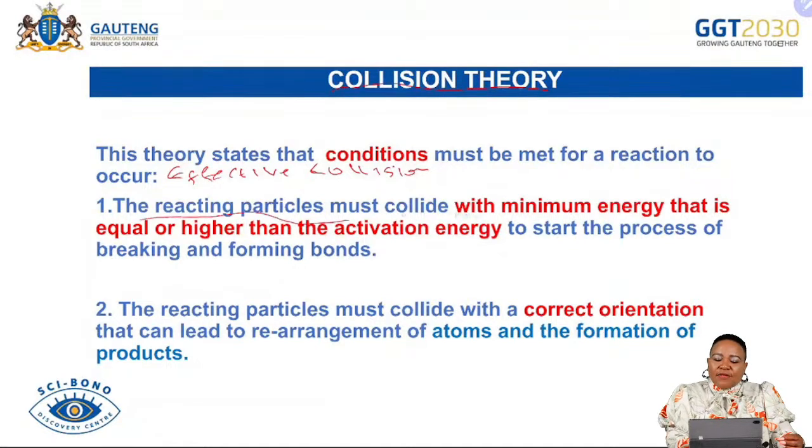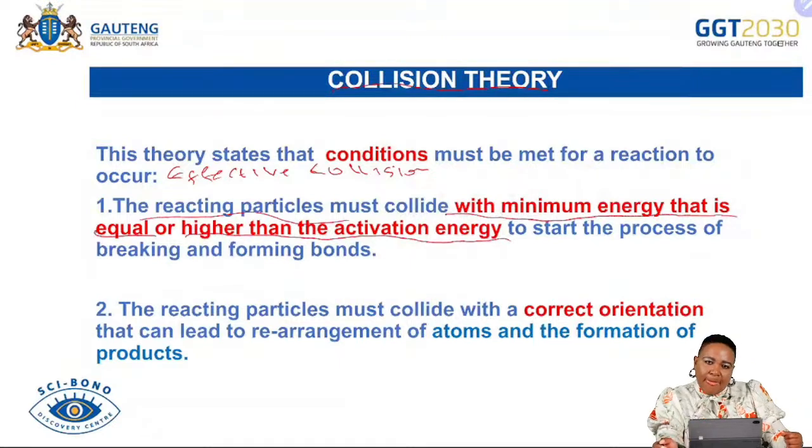The particles must collide with minimum energy that is equal to or higher than the activation energy for them to start the process of breaking or forming the bonds. So this is the condition that is needed for the effective collision. We need minimum energy that is sufficient for the reaction to occur. So we are saying there will be a minimum energy that is equal to or higher than the activation energy for the reaction to occur and for the collision to be effective.